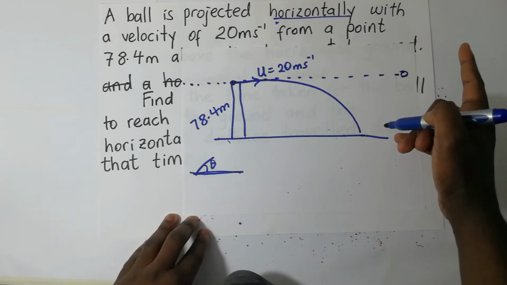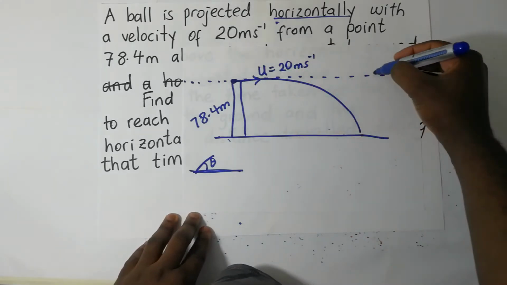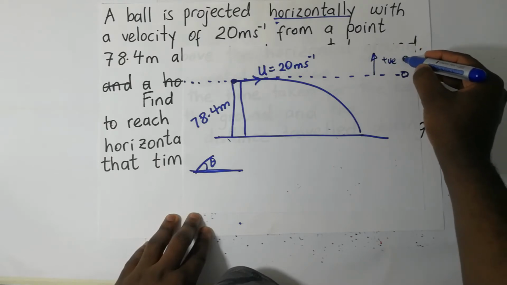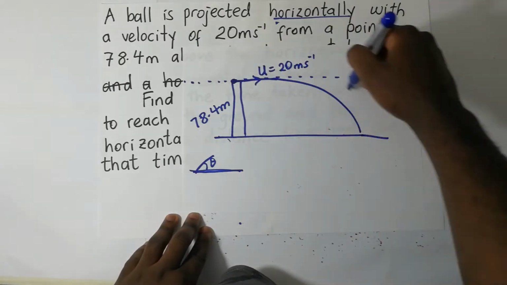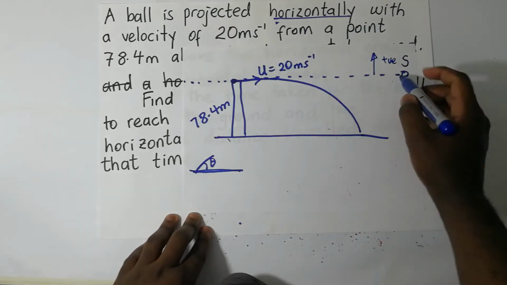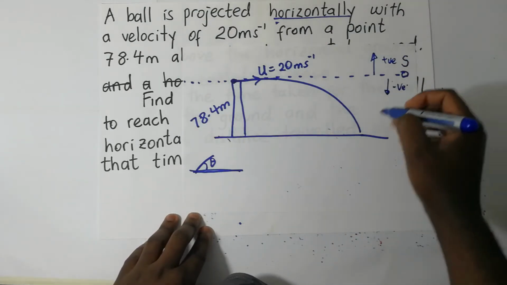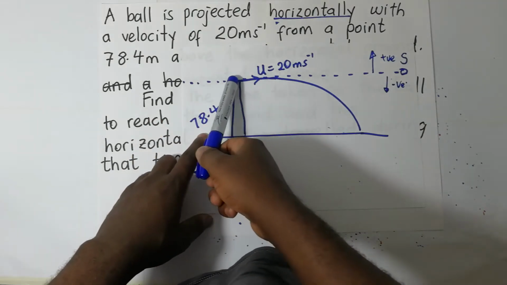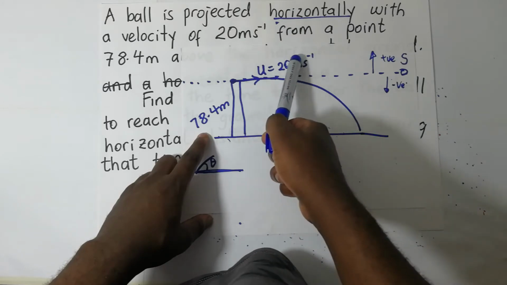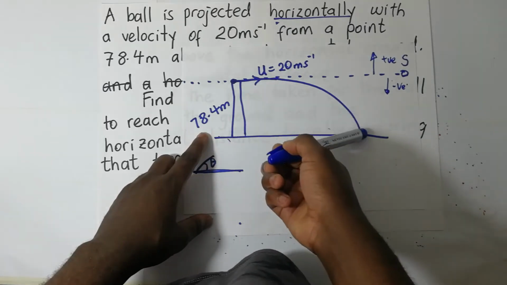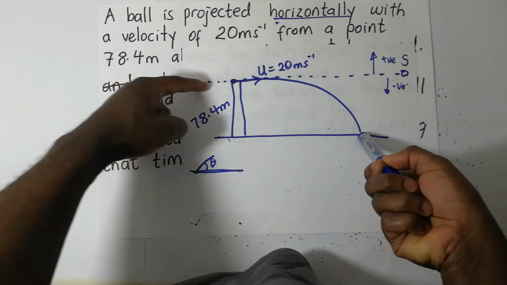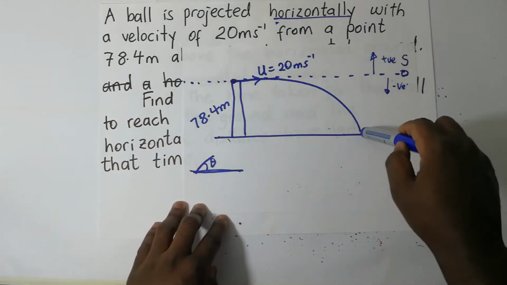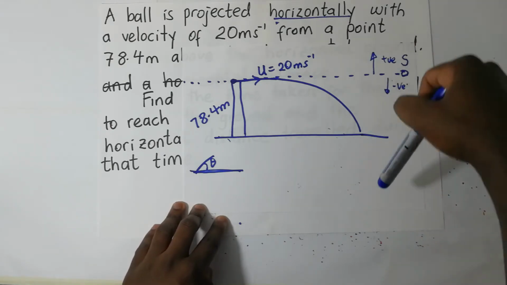It means, as far as displacement goes, if a projectile is going upwards, that is positive displacement. That's the value of S is positive. If the particle is moving downwards from this zero level, it is negative. And in this case, if this is our point of projection and the projectile is being projected horizontally at that speed, it is moving downwards and ending up below the zero level, meaning that the displacement at this point is in the negative sense.